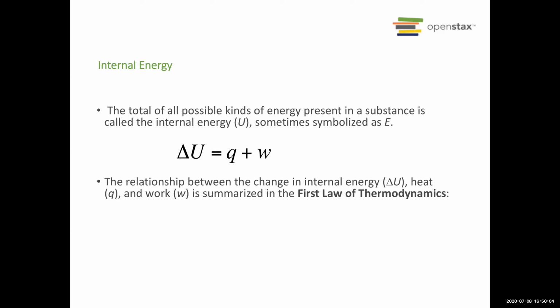So the change in internal energy can be determined and is shown in this equation as the heat flow represented by Q and the work flow represented by W, both into and out of the system when a change occurs.